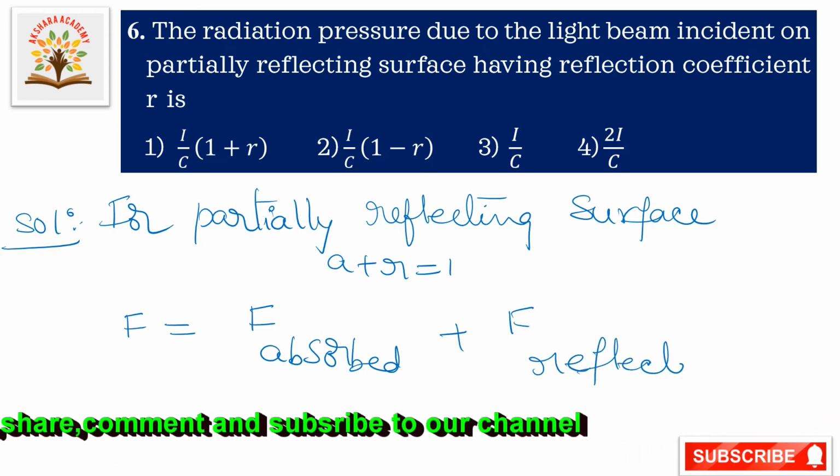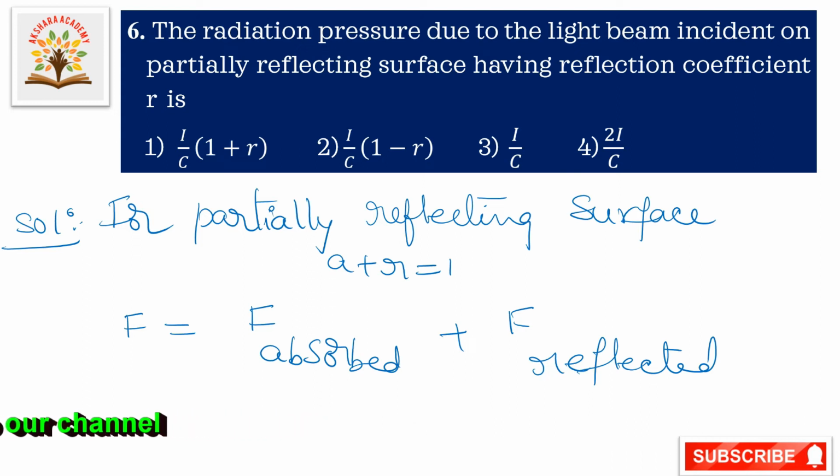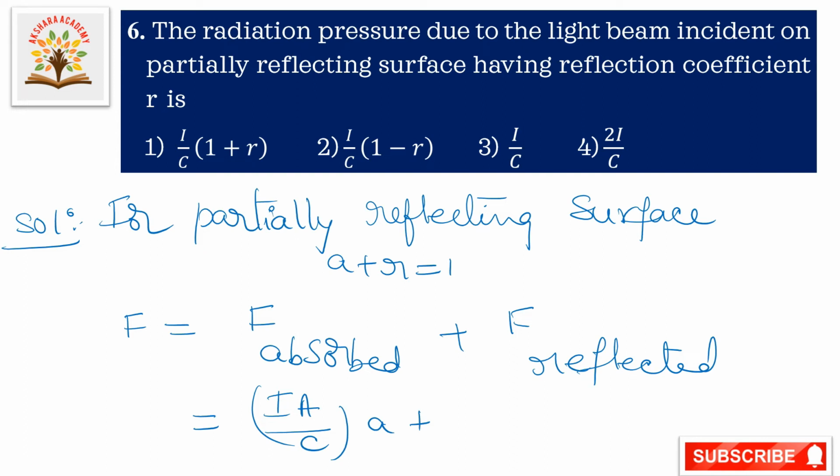So this can be written as F absorbed, IA by c into A, plus F reflected, 2IA by c into R. So taking IA by c as common, we get IA by c of A plus 2R.